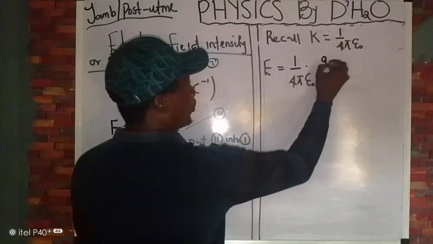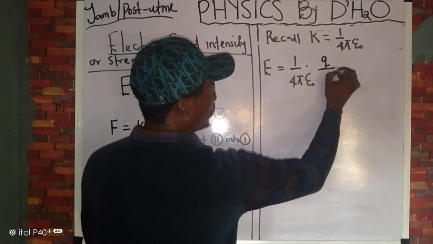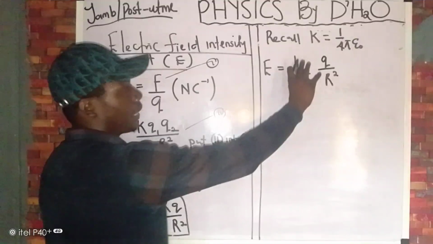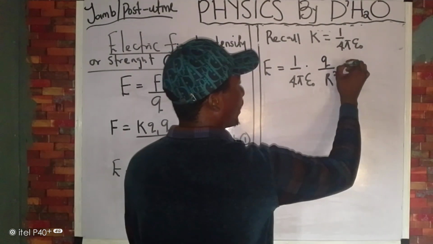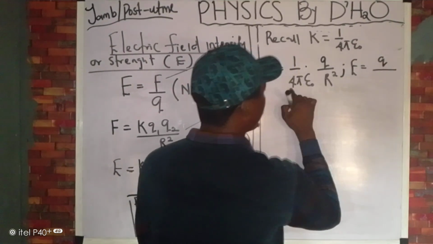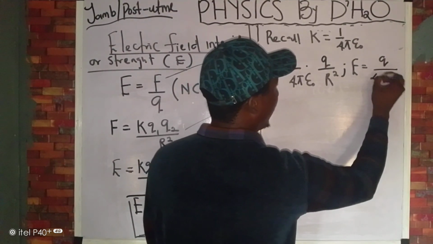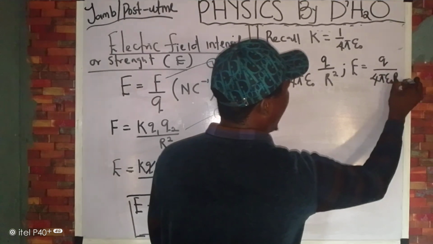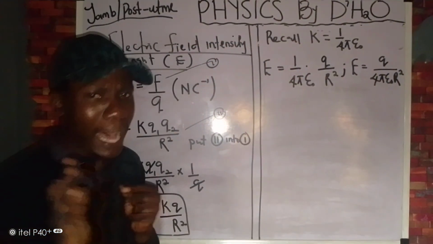So you have Q over R squared. Are you seeing it now? These are our K. So you can combine together to give you E equals Q over, multiply this, 4 pi permittivity R squared. Wow, that's interesting.